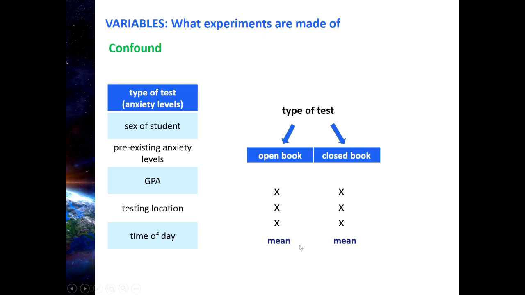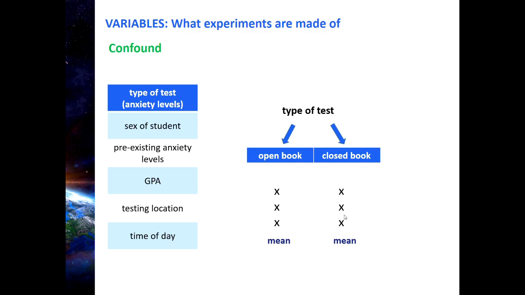Now, if they are different, in an ideal world, the only way in which this group should have differed from the people in this group is with respect to the independent variable. So these people are identical to these people, except this group was in the open book category and this group was in the closed book category.